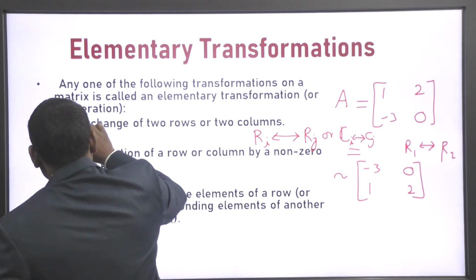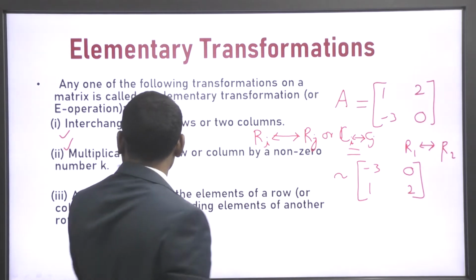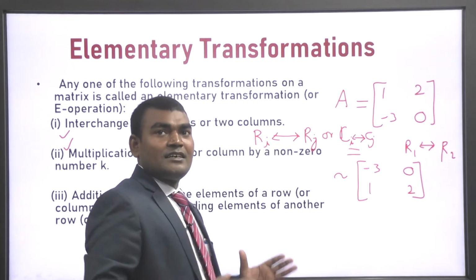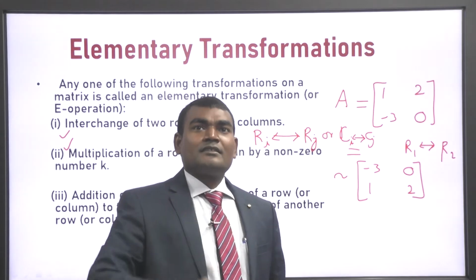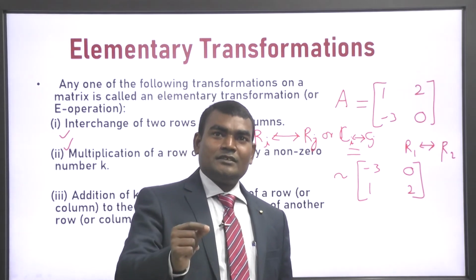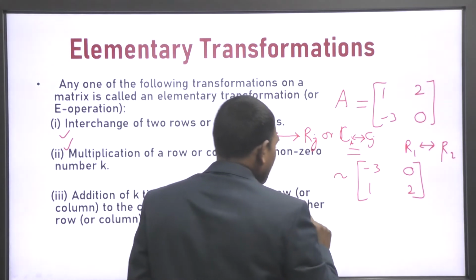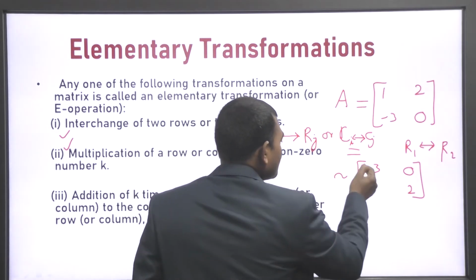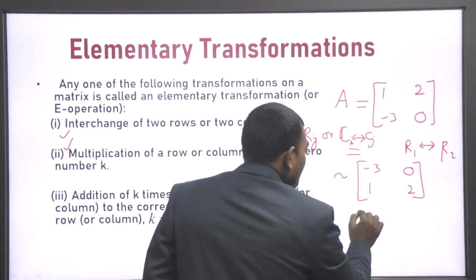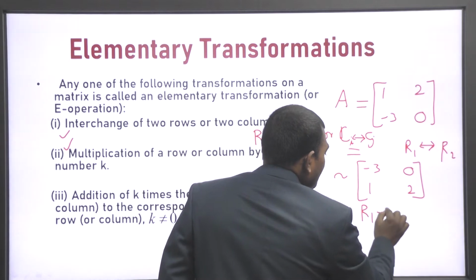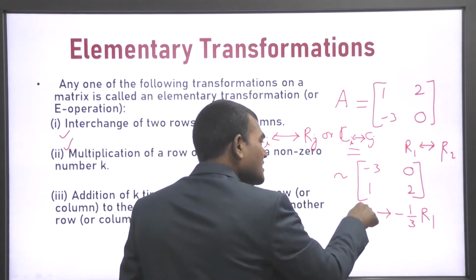Now, the second thing: multiplication of a row or a column by a non-zero element k. This is another elementary transformation in which we can multiply any row or any column by a non-zero scalar. Suppose we have to make minus 3 as 1. By elementary transformation it is allowed: we change R1 to minus 1 by 3 R1, where minus 1 by 3 is a scalar.